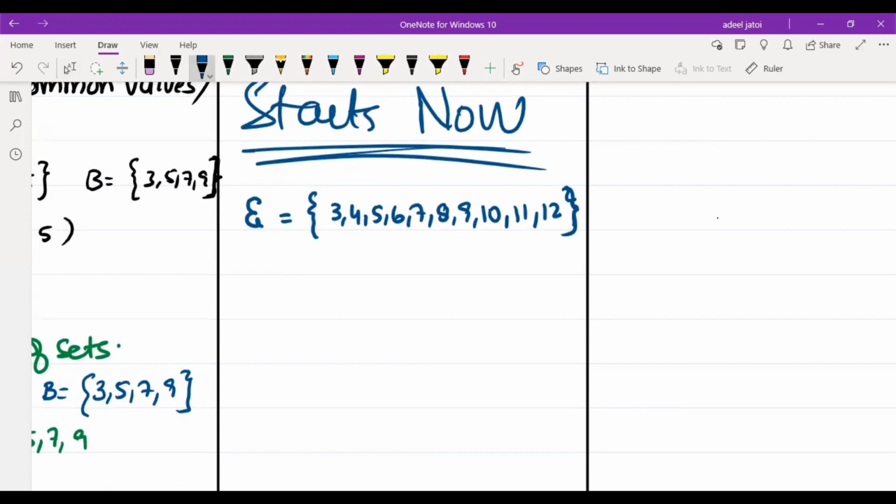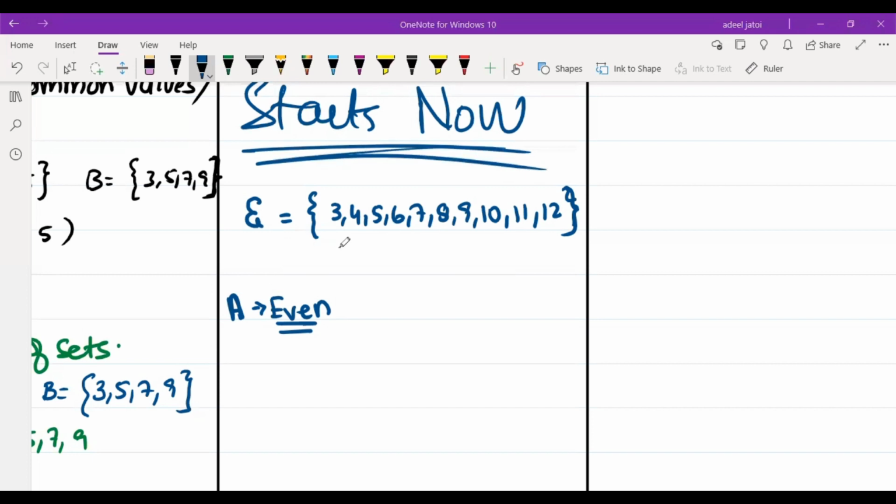What can be asked in the question? The question can be that we have set A, and the examiner will tell you it is an even set. Set A contains all the even numbers. These even numbers will be from the universal set.